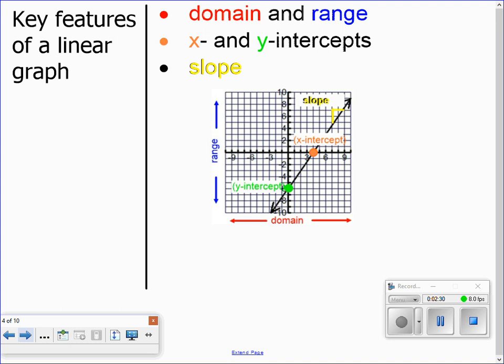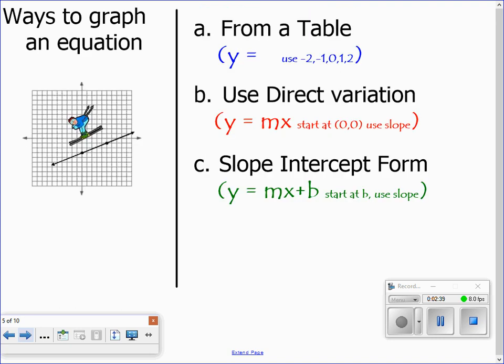Remember that when we're dealing with real-world situations, we want to take those into consideration when identifying those key features. When we're graphing the equation, again, we can graph the equation from a table by plugging in known x values. We typically just pick the same ones each time.